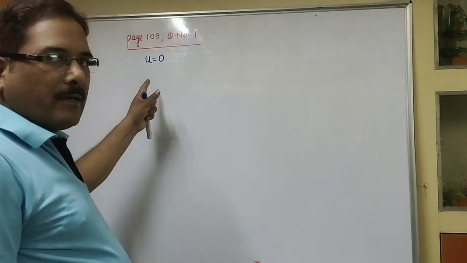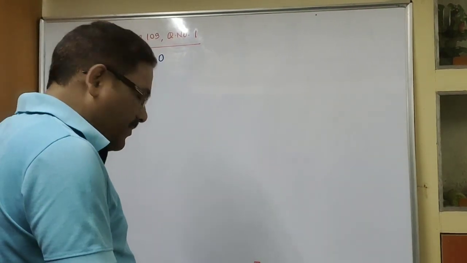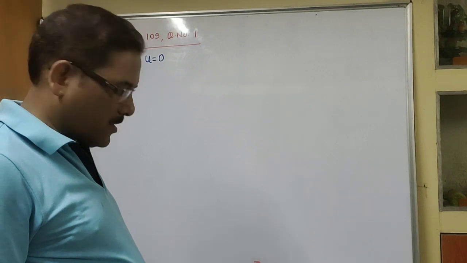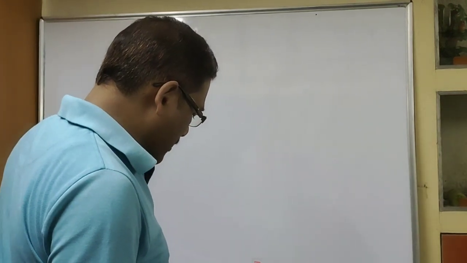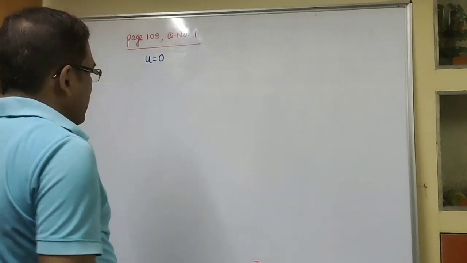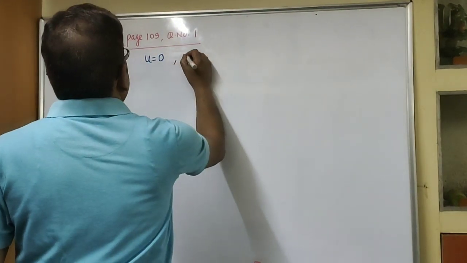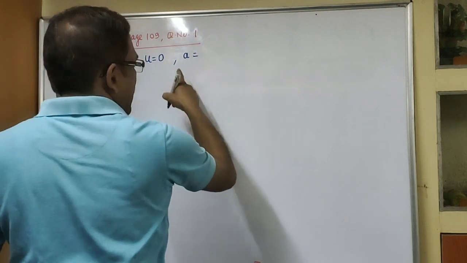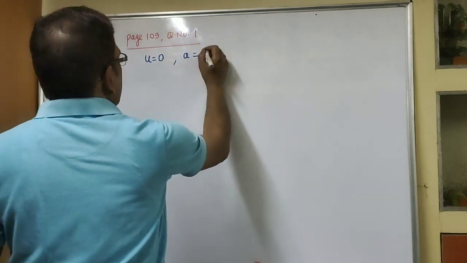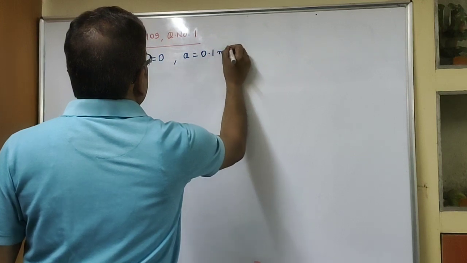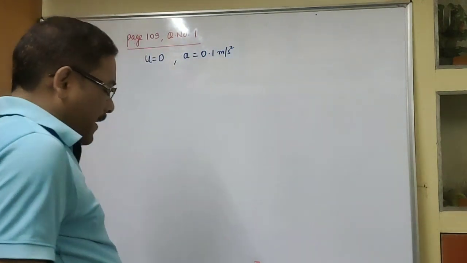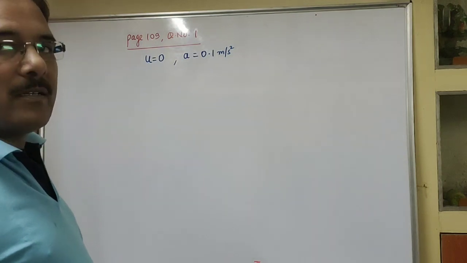Now with a uniform acceleration of 0.1 meter per second square. The symbol for acceleration is small a, so a is 0.1 meter per second square, and it moved for 2 minutes.